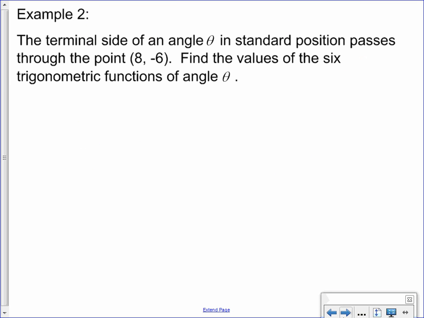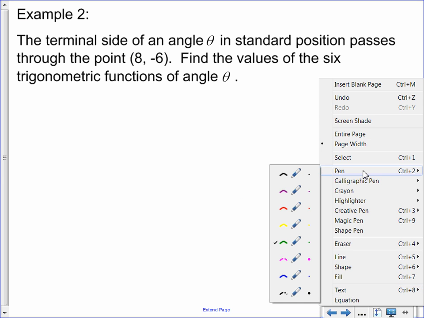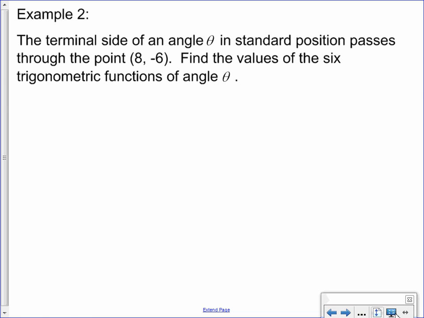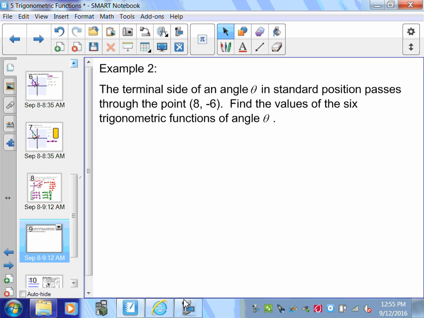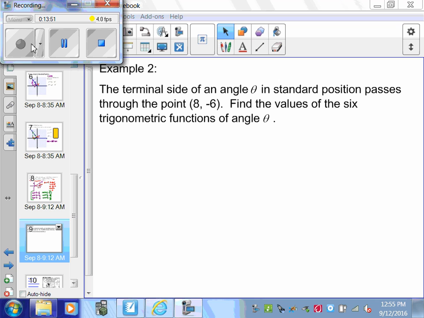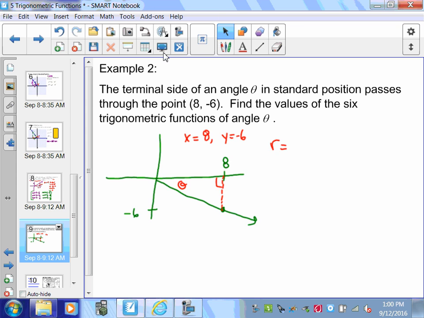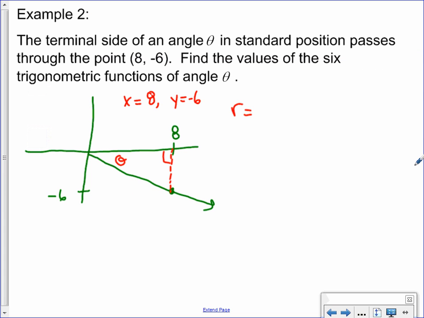All right. I'm going to pause it right here. I want you to try this one. Okay, so I'm going to pause it. Double check your picture. Does your picture look something like this?